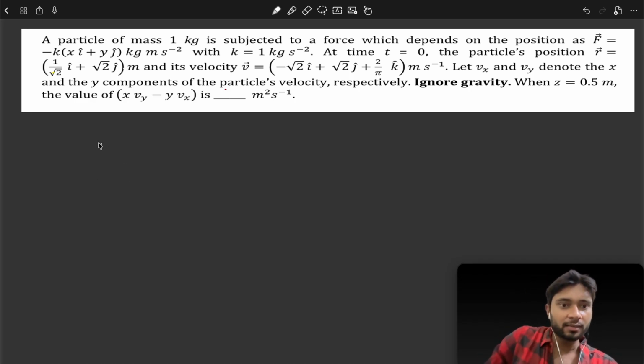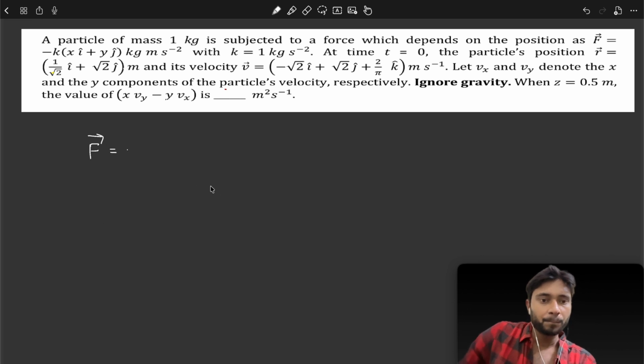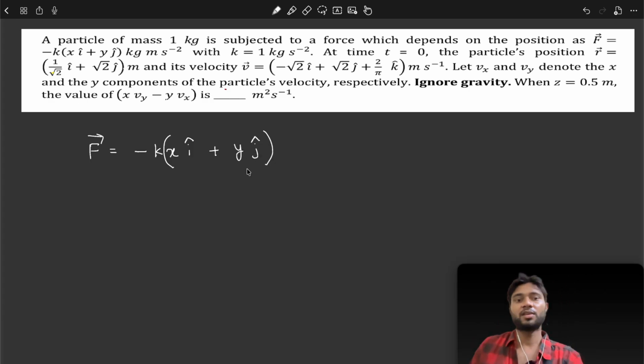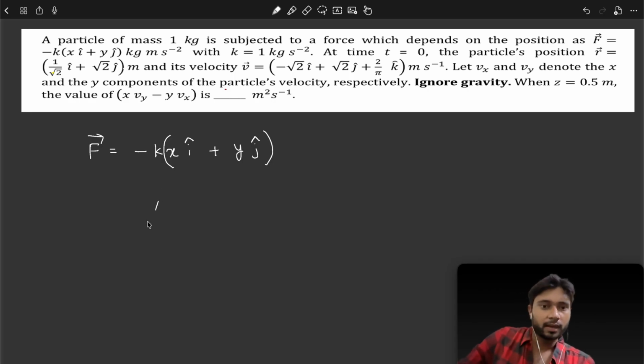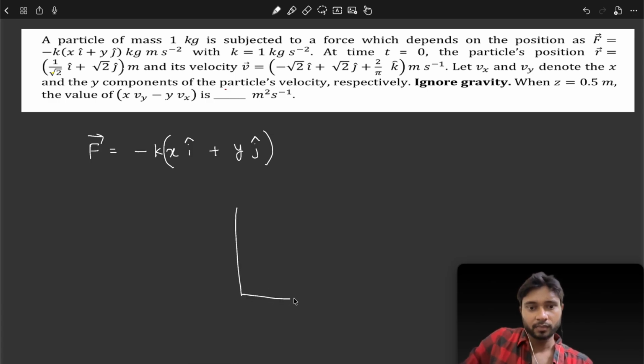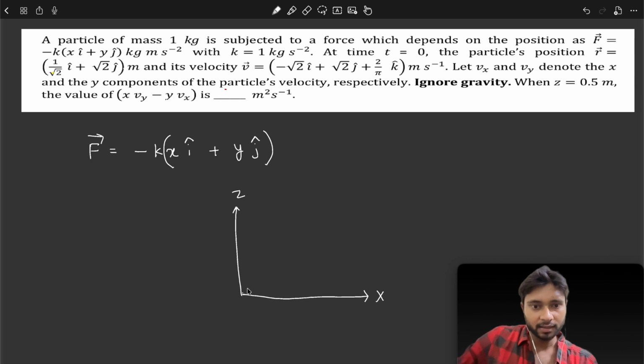So it was given that force is minus k x i cap plus y j cap. Force was given like this. If I try to visualize what this equation is trying to tell me, suppose this is my x-axis, this is my z-axis, and this is my y-axis.